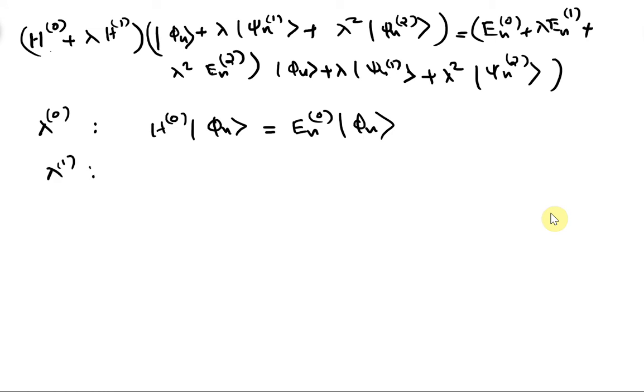Now we'll compare lambda power 1. What all terms are coming here? Let's start with h naught. H naught multiplied with this term will have a lambda. Also h1 multiplied with this term will also have a lambda. So these are the two terms in the LHS having powers of lambda.